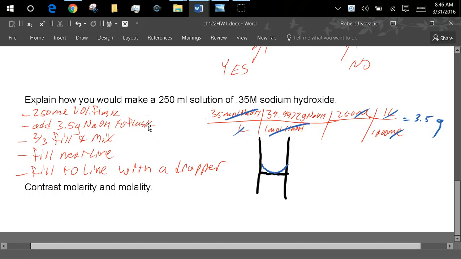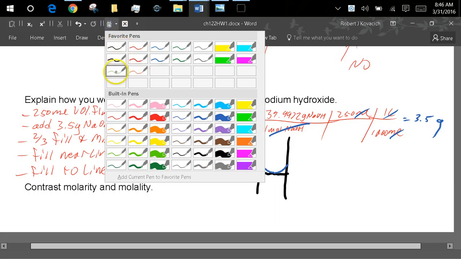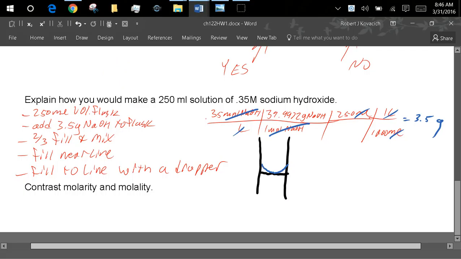And what was the difference between molarity and molality? The molarity is a volume-based unit, and the molality is a mass-based unit.